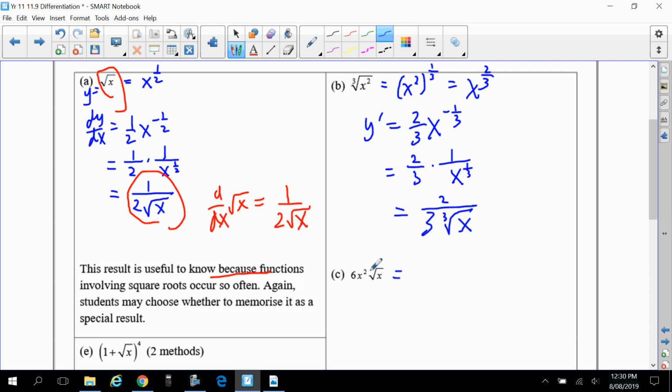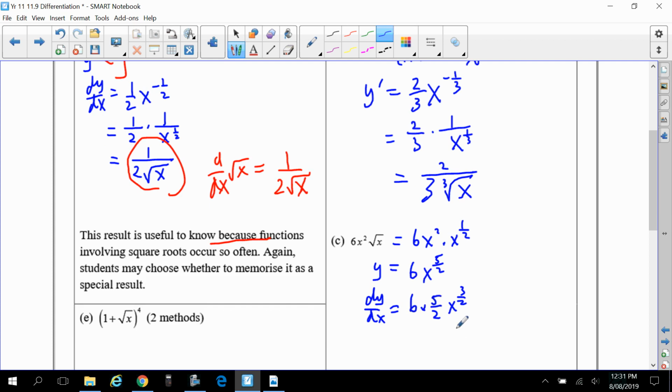Okay, next one is x squared, and then times x to the power half. And you should be using improper fraction, 5 over 2, instead of 2.5, because it's easier to times by improper fraction than a mixed fraction. So write 5 over 2, then you do dy over dx, you get 6 times 5 over 2, x to the power of, subtract that by 1, is 3 over 2.